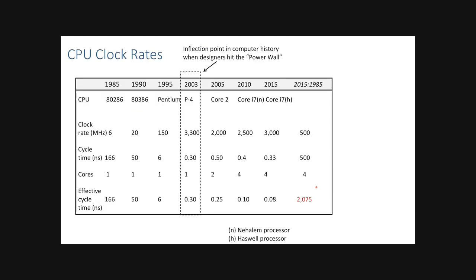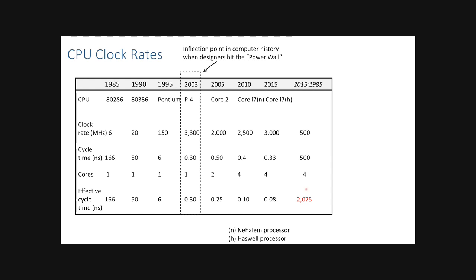And so here is a table showing that measurement over history from 1985 to 2015. And I'm going to talk about even past 2015 in a moment. But one thing to notice is that over time, this clock cycle kept improving.